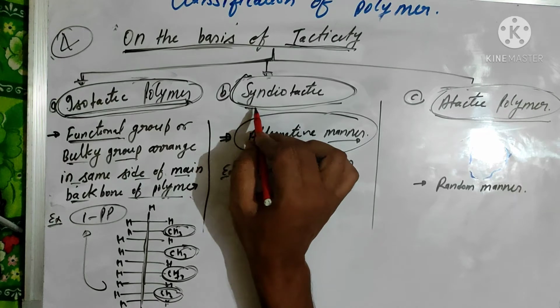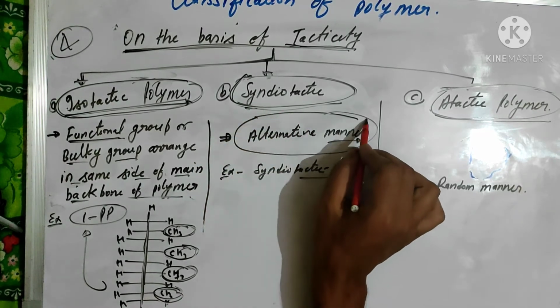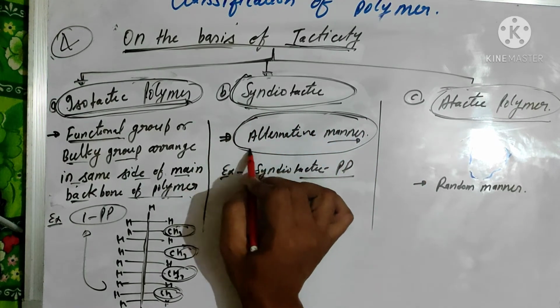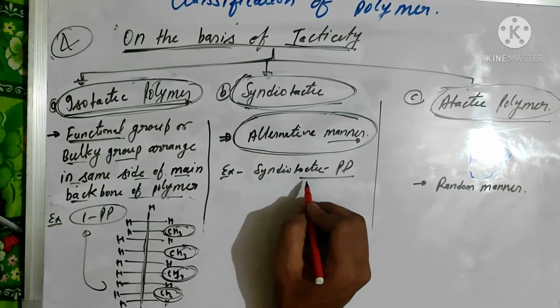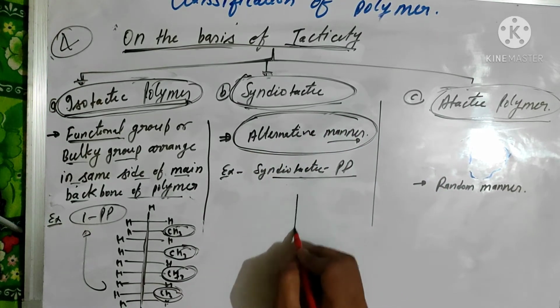In the syndiotactic polymer, the functional group or bulky side group is arranged in an alternating manner surrounding the main polymeric chain. For example, syndiotactic polypropylene.